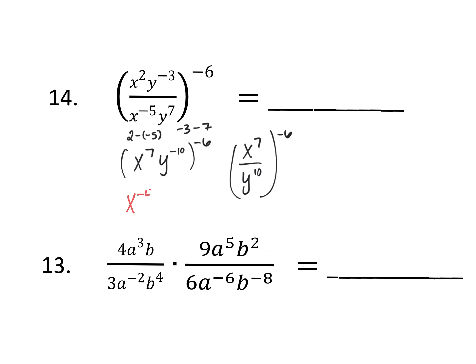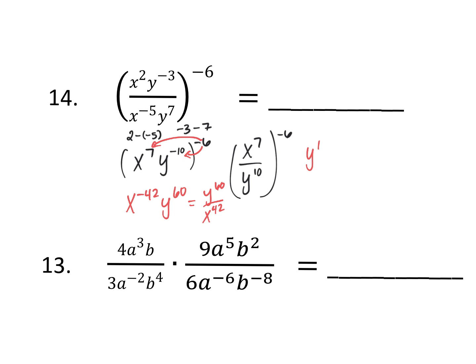So if I'm doing it this way, it's x to the negative 42, y to the 60th. Well, negative 6 times 7, negative 6 times 10, which would be y to the 60th over x to the 42nd. Would I get the same thing if I flipped the fraction and then multiplied by 6? Yes.